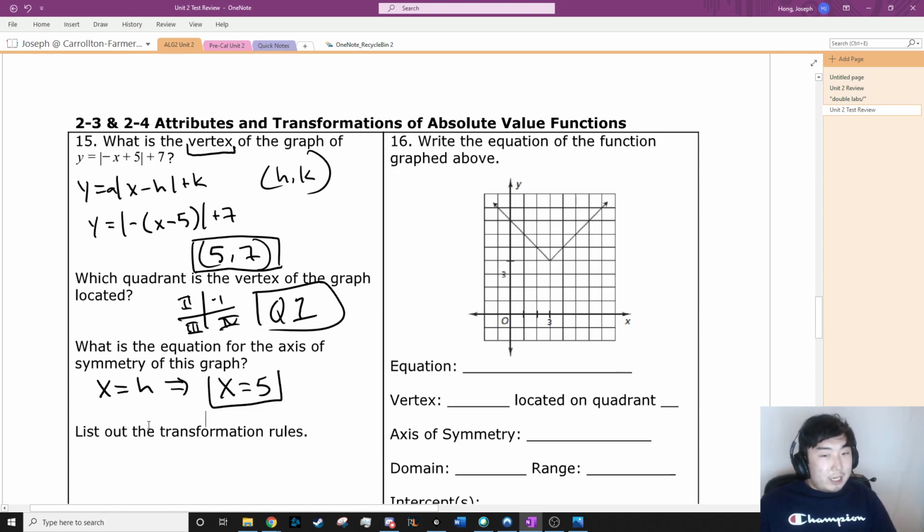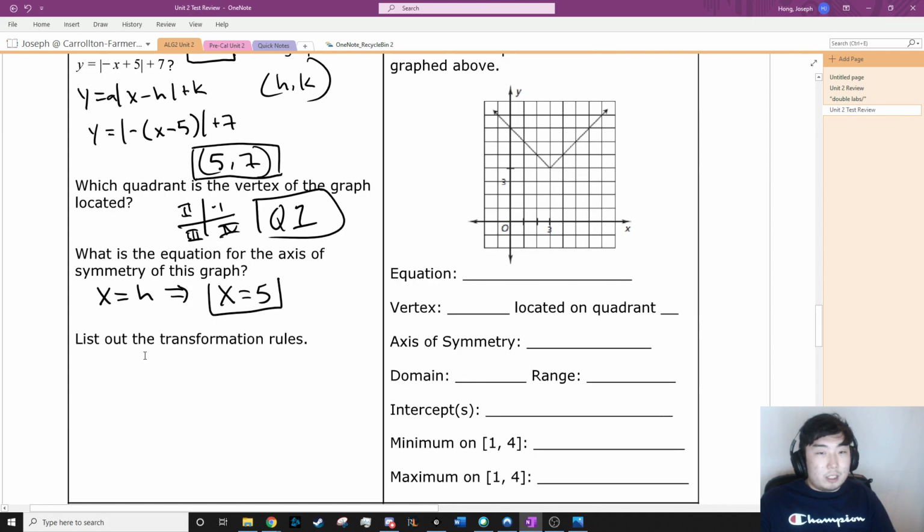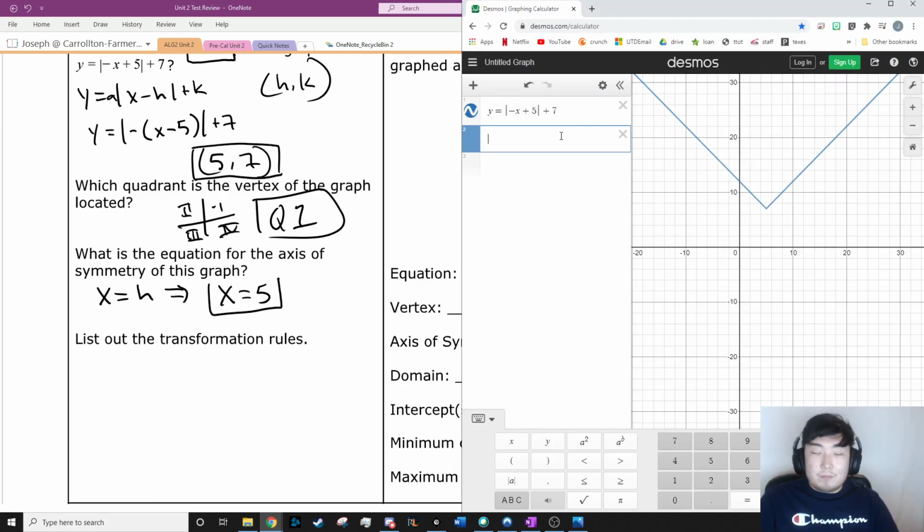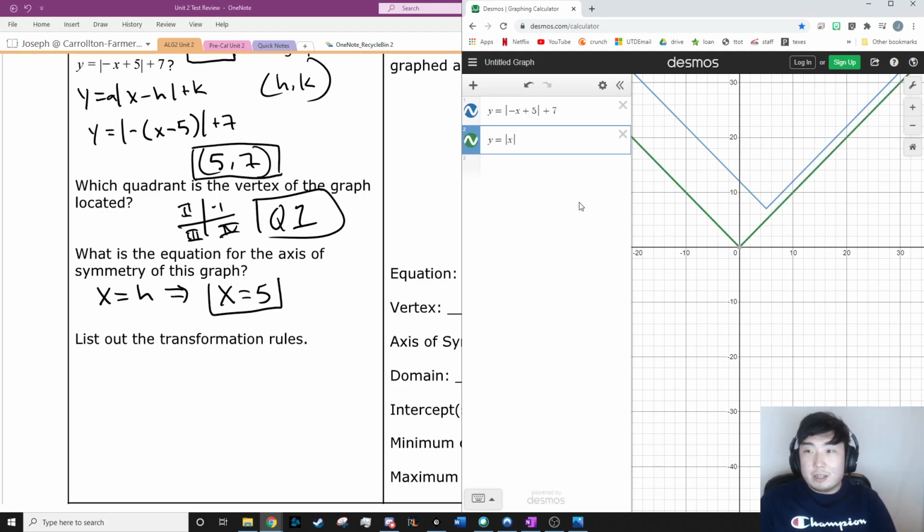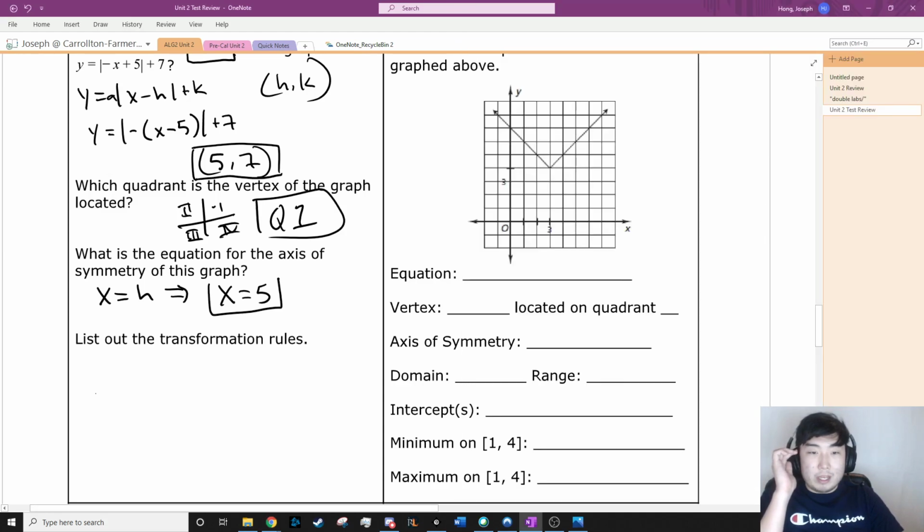But the last one's kind of hard because it's telling you to list out all the transformation rules, as in what happened to my graph from the parent function, the plain Jane version, from the green graph to the blue graph. If my vertex right now is (0, 0) and it becomes (5, 7), I can think in my head it went up 7 units.